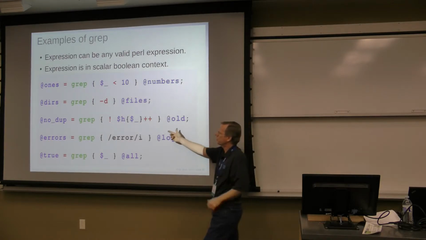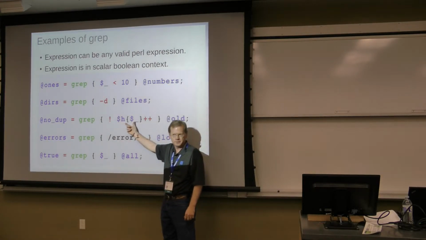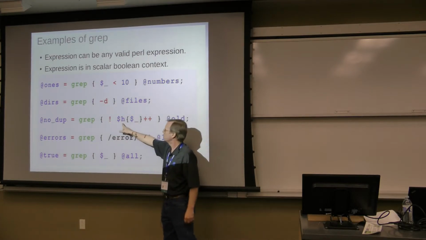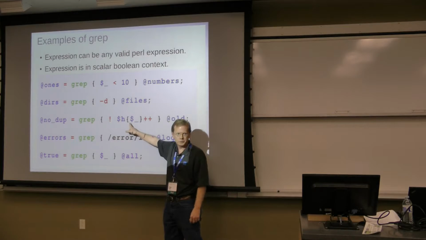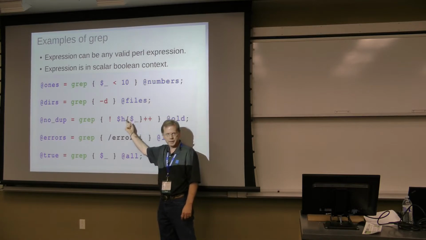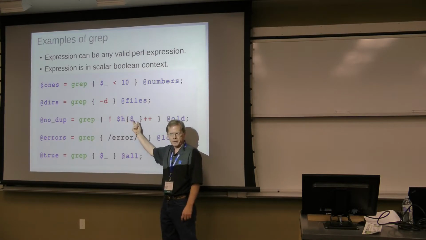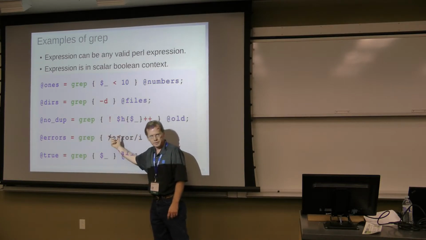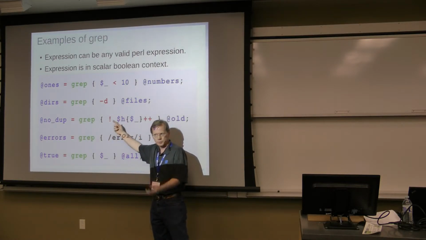Do you see how this works for the duplicates? The first time we come through, this hash does not exist. So what we do is we stick $_ in that hash, and then we test it. We negate that.